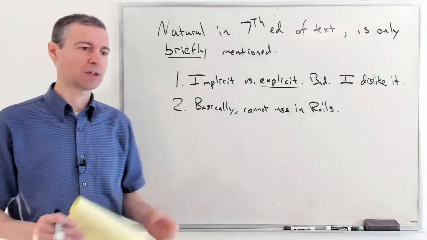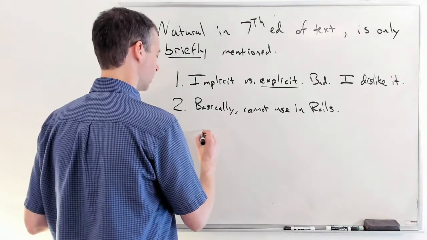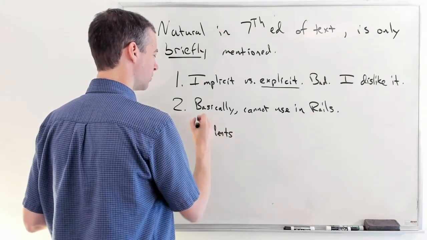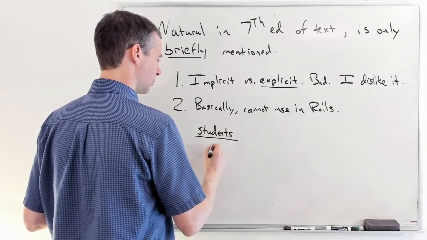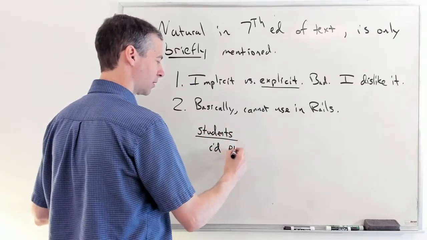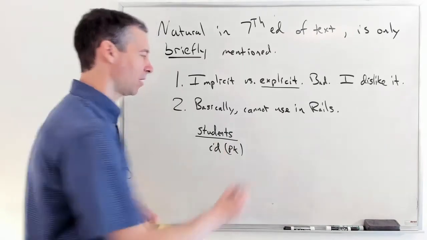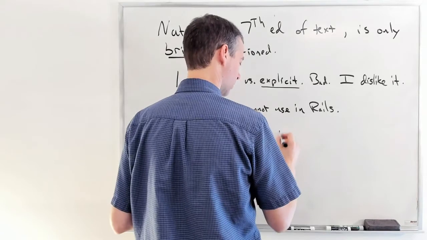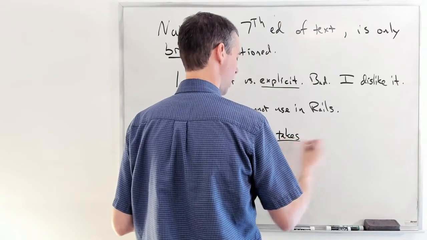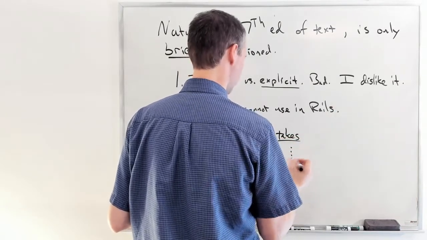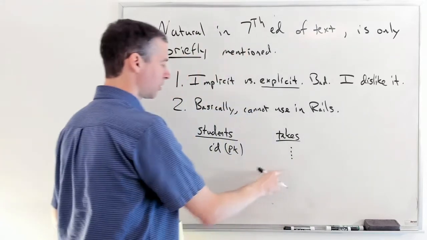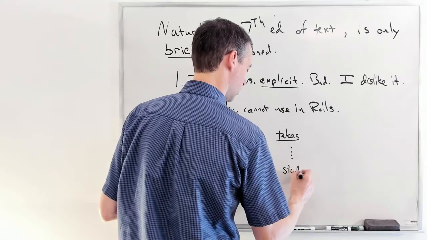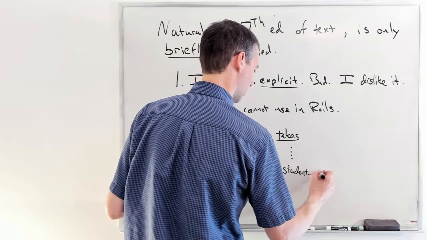So we might have a relation where we have students, and in students we have a primary key of ID. And then in another table, like following the book, takes or whatever, we've got a whole bunch of stuff. And we're not going to use ID here. We're going to use student_ID.